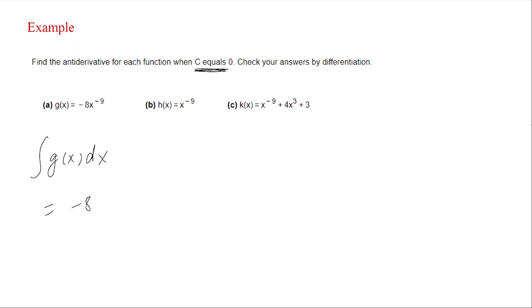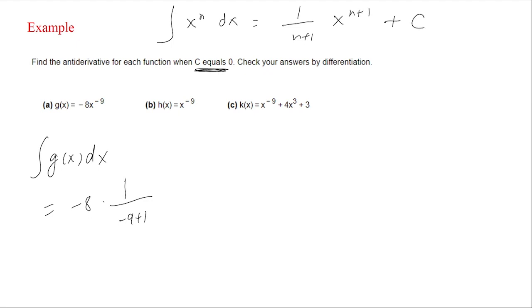I can keep this -8 outside, and because n is -9, 1 over -9 plus 1, that's coming from the formula. If you remember, the antiderivative of x to the power n dx is 1 over n plus 1 x to the power n plus 1 plus some constant.